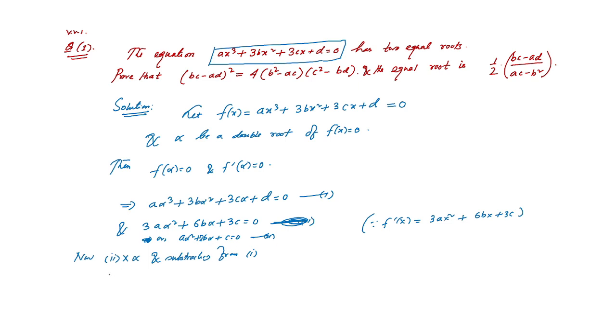So multiplying equation 2 by alpha and subtracting from 1, what will we get? Here the first equation is a alpha cube plus 3b alpha square plus 3c alpha plus d equals 0, minus, just multiply this equation by alpha: a alpha cube plus 2b alpha square plus c alpha, equals 0. We will subtract.